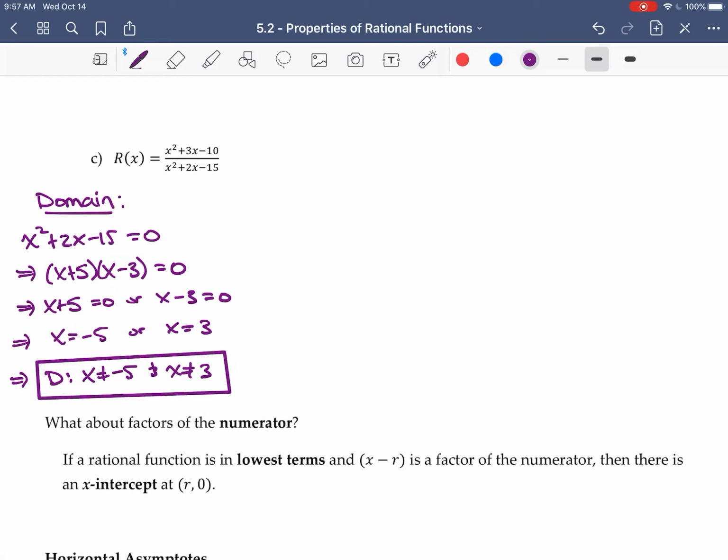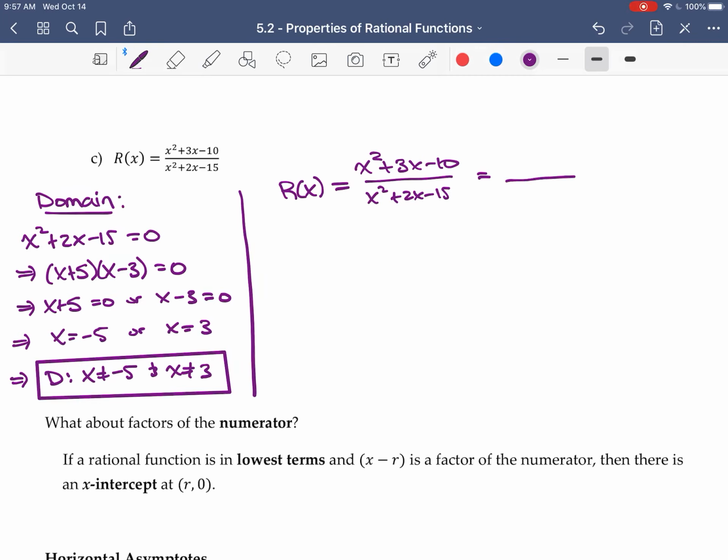So now we want to decide, are they vertical asymptotes or are they holes? Okay, so what we want to do then is simplify, put r of x in lowest terms. So let's look at r of x. We want to factor the top and the bottom.